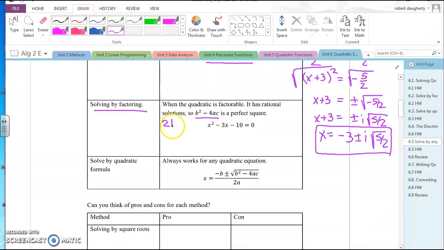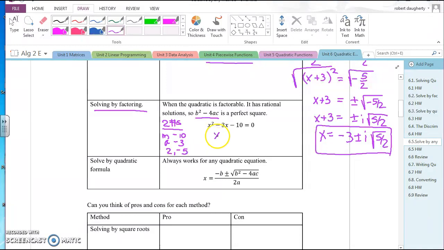This would factor if I could find two numbers that multiply to negative 10 and add to give me negative 3. Factors of 10 are 1 and 10, 2 and 5. So it looks like if I had a 2 and a 5 and the 5 were negative, those two numbers would multiply to negative 10 and add to negative 3.